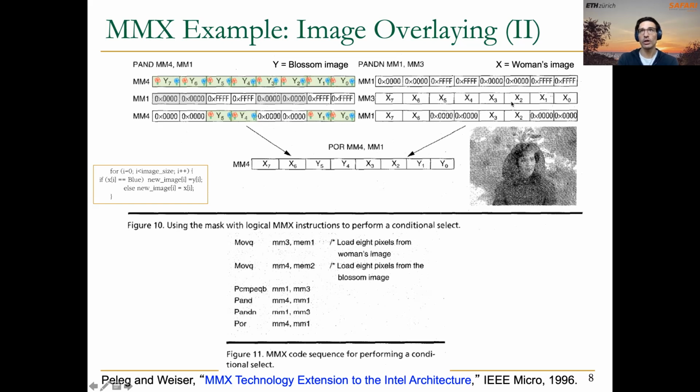And then on the other hand, we do something similar with the woman's image, but in this case we invert the bit mask before performing the AND operation.